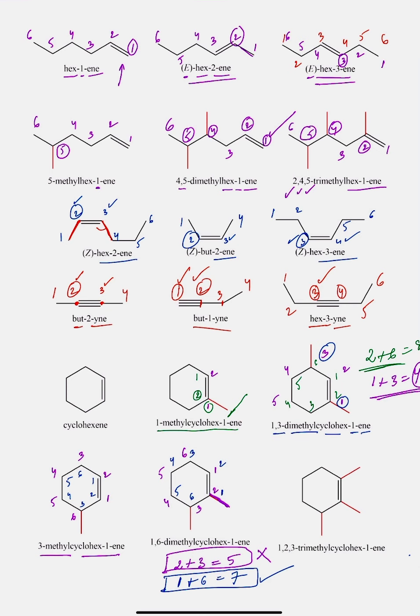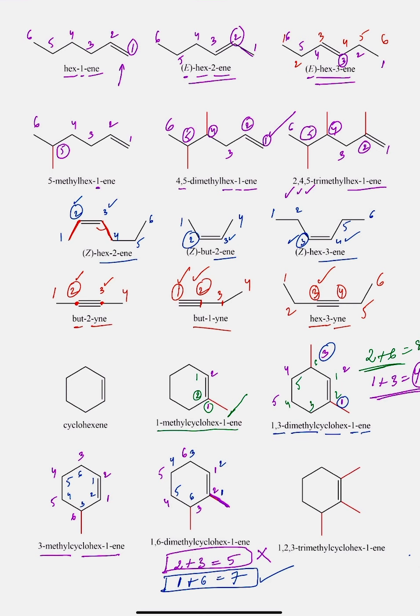And the second thing is, irrespective of everything, number 1 and number 2 should be given to the two carbons on either side of the double bond. That is very, very important. You look at all the structures, 1 and 2 are given to the carbons that contain the double bond.